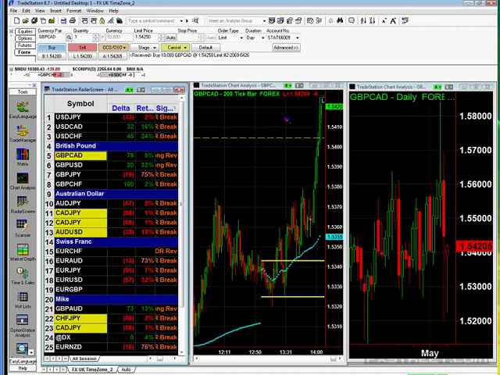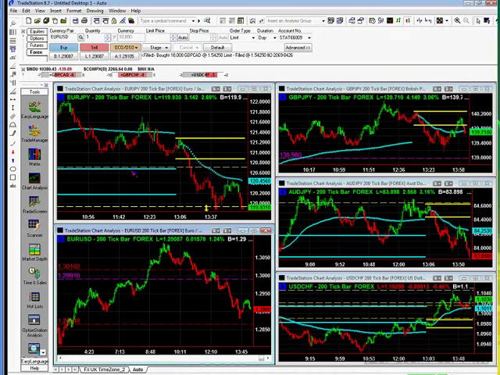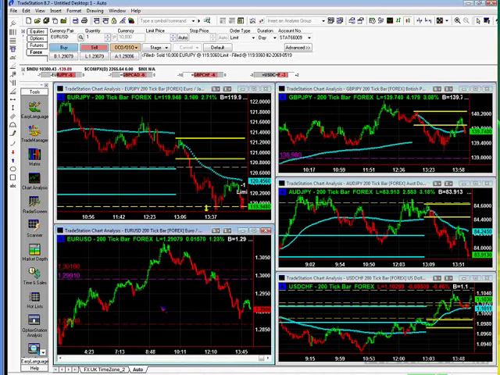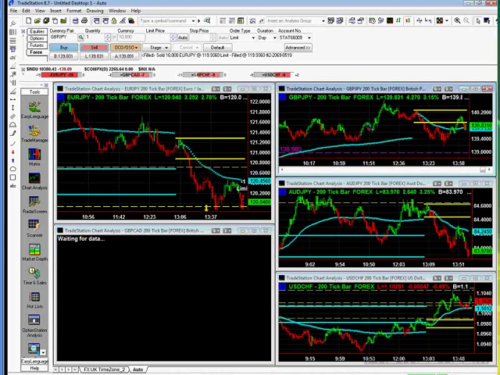Keep in mind we're a little bit late in the session right now. This is the Euro Yen. Order filled. Okay, I'm going to stay with the Euro Yen. And the pound CAD. I don't have the pound yen. Pound Swiss.